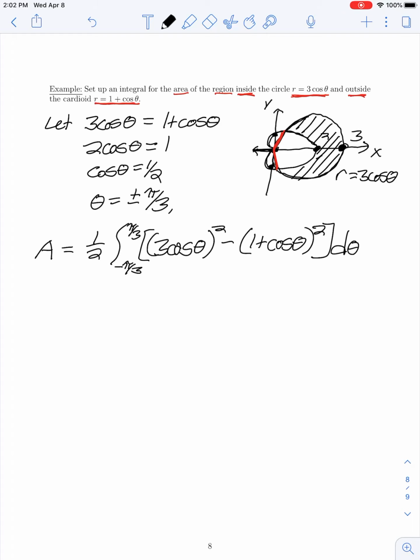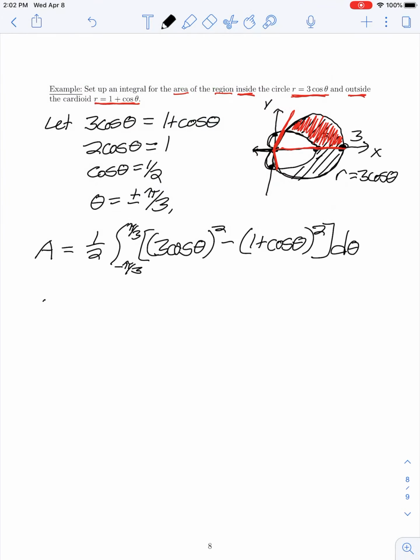Or if we wanted to make use of symmetry, if we were to find the area of this region shaded in red, that is going from theta equals 0 to theta equals positive pi over 3, I could then just double that region to get the area of interest.